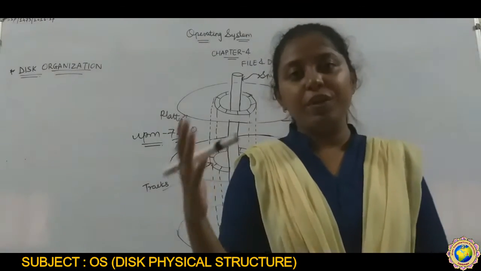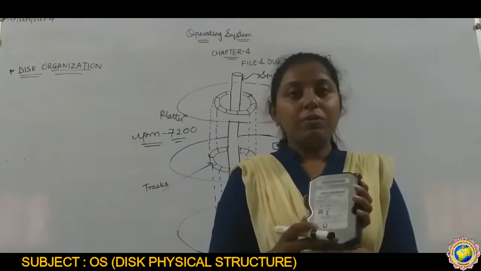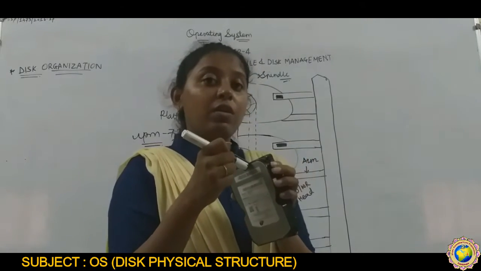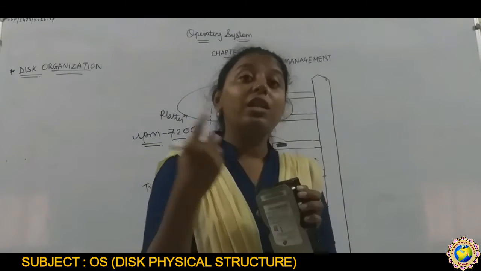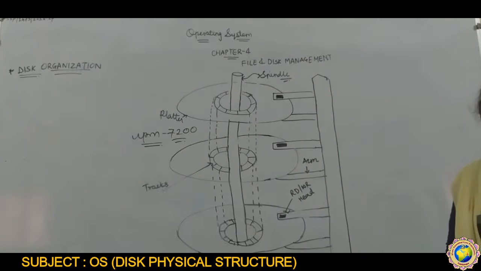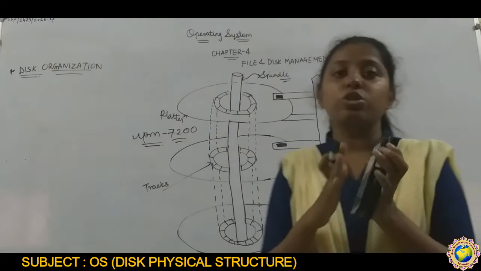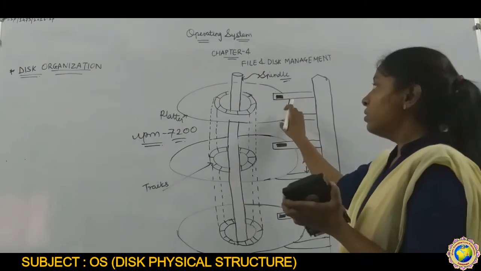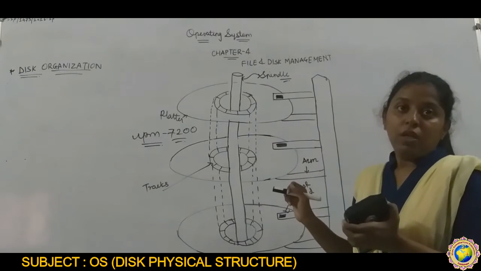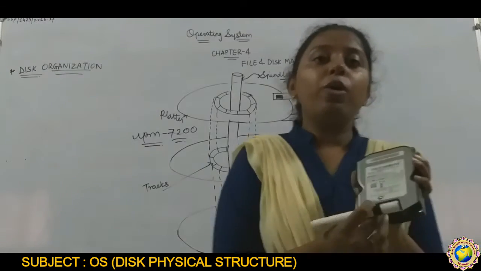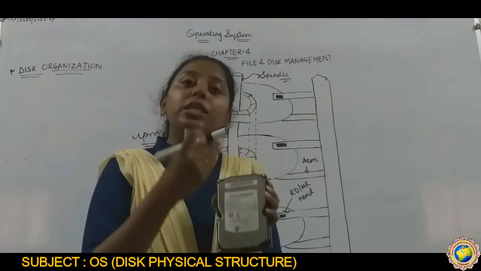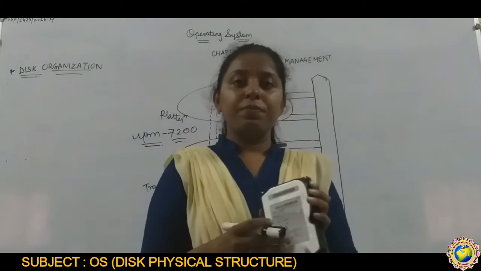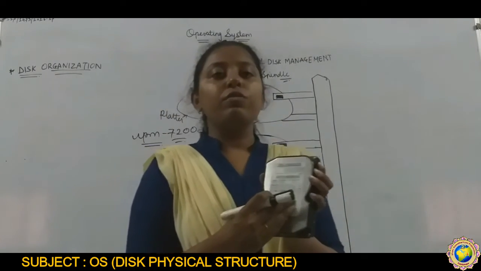So storage might be different in each and every hard disk. This is the internal structure of the hard disk. Let's see what is in this structure. In this hard disk we have a number of platters, or we can say CDs.